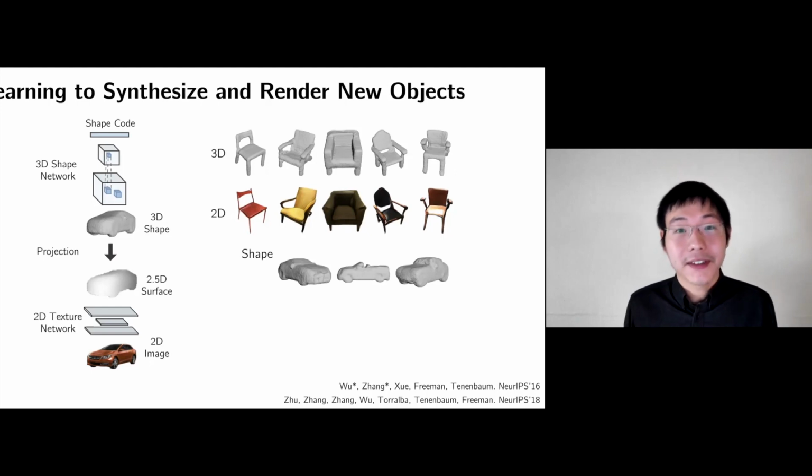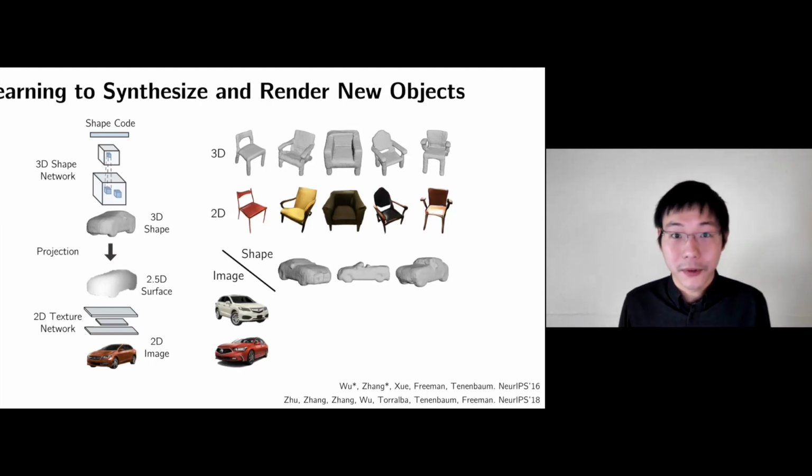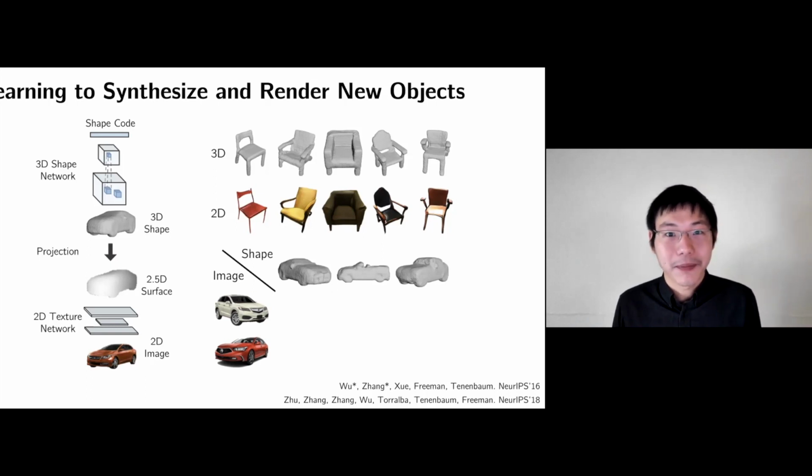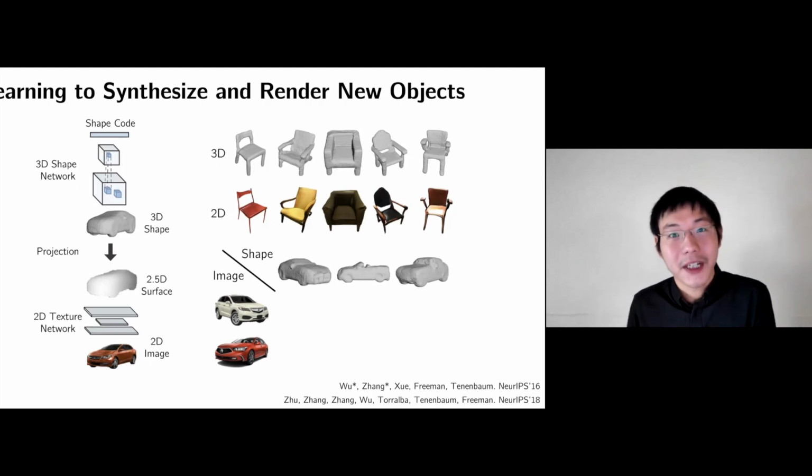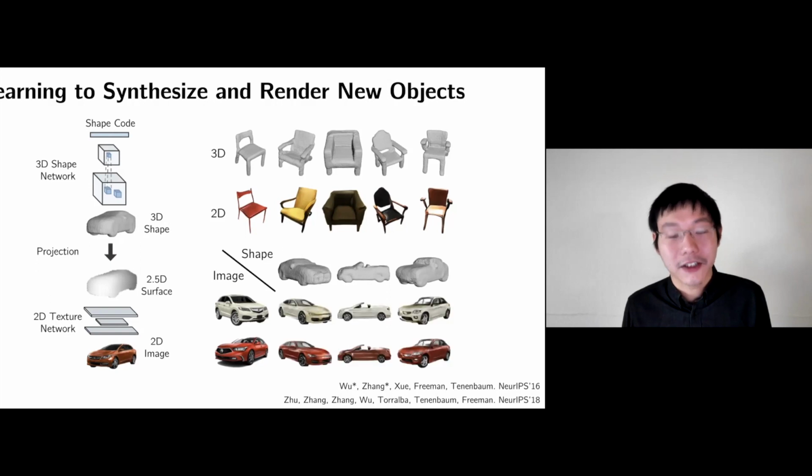But I'm given some images that maybe I took from Google image search of cars, and I feel like, okay, these cars look so great, but what if I want to take the texture from the image of the car, but apply it to the shapes I synthesized? How would my cars look in those textures?